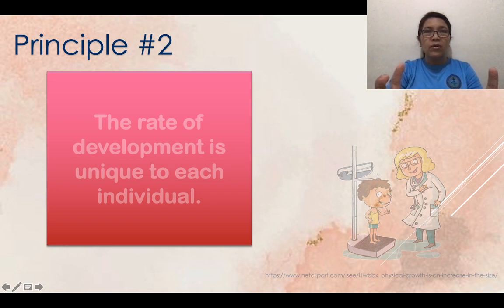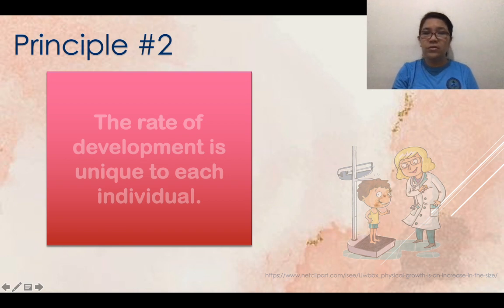Okay, but we have to always remember that we cannot force the development of children to accelerate. So, for example, in preschool, one child is already learning how to write, but the other is having a hard time. We cannot force that because the rate of development is different, and it also depends on how the child was exposed early on.